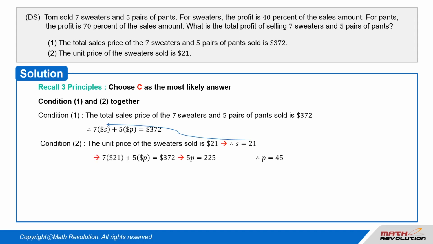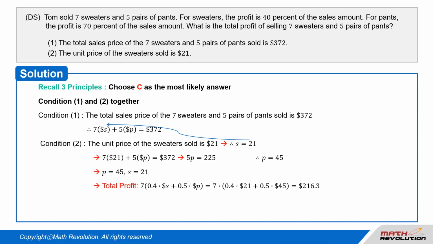Therefore, substituting S equals 21 in 7 times S plus 5 times P equals 372, we get 7 times 21 plus 5 times P equals 372. 5 times P equals 225, or P equals 45. Substitute S and P in the profit.